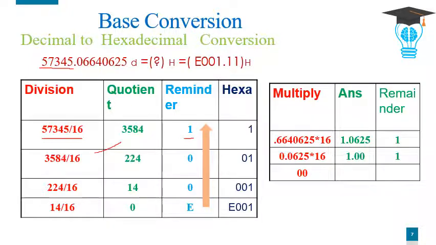Again this 3584 is divided by 16, 224, and the remainder is 0. Again the 224 is divided by 16, 14 times, and the remainder is 0. This 14 again divided by 16, it goes 0 times with the remainder 14, which is nothing but E. So my answer is E001, writing it bottom up.